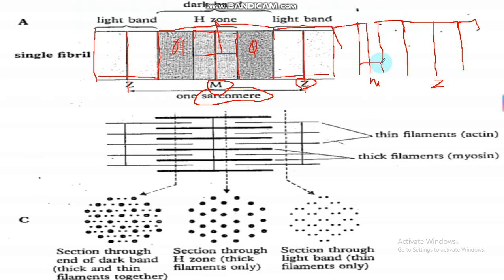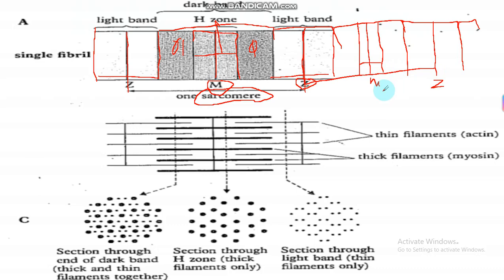So if we wanted to get a sarcomere here, where do we start from? Sarcomere, we start from this other Z line and we move up to this next Z line. This gives us a sarcomere. So that is a portion of the myofibril.